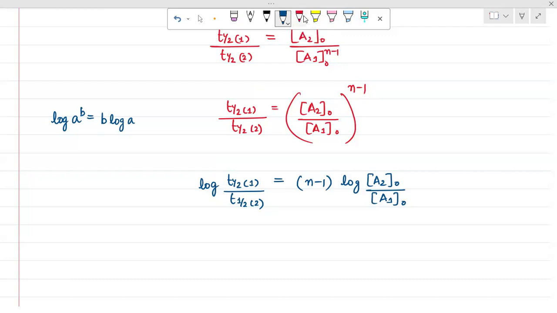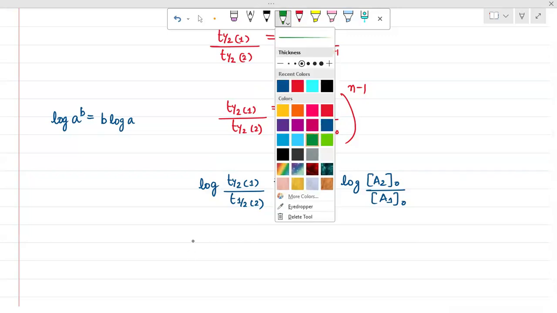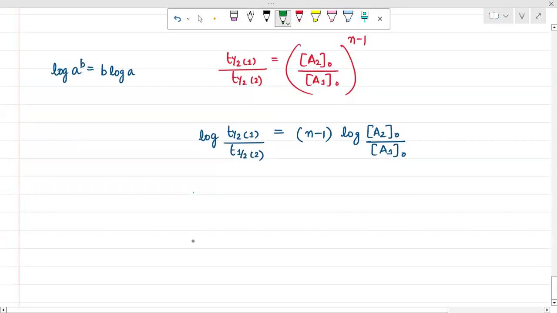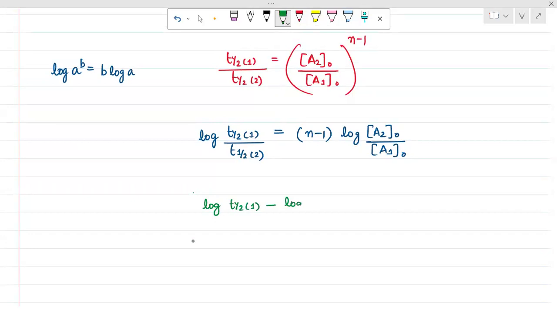Correct? I can rearrange it further. This is log A by B. I can write it as log A minus log B. Correct? So this is going to be log of t half 1 minus log of t half 2 is equal to n minus 1 into log of a2 naught minus log of a1 naught.